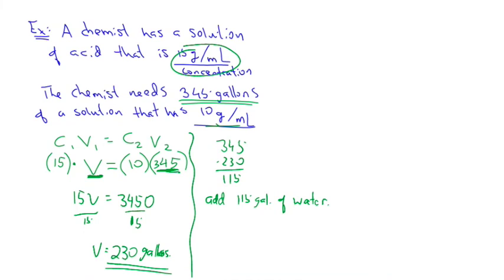The concentration times the volume does not change, so the amount of salts stays exactly the same. By adding this 115 gallons, we have reduced the concentration down to 10 milligrams per milliliter. It's a neat little trick: you just have to add water.